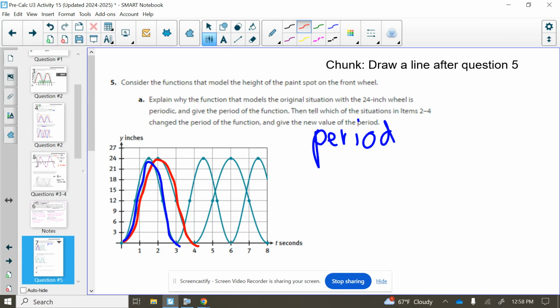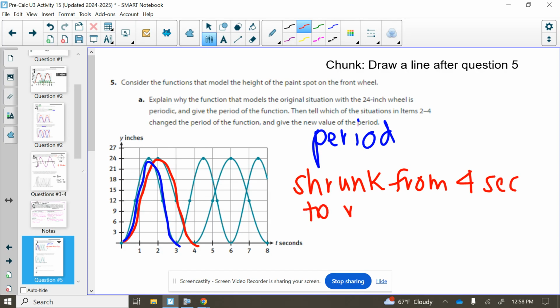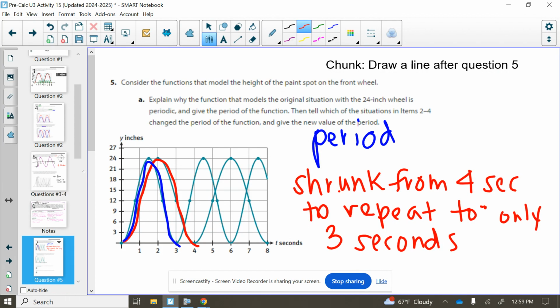So we would say that it shrunk from 4 seconds to repeat to only 3 seconds for the second one.